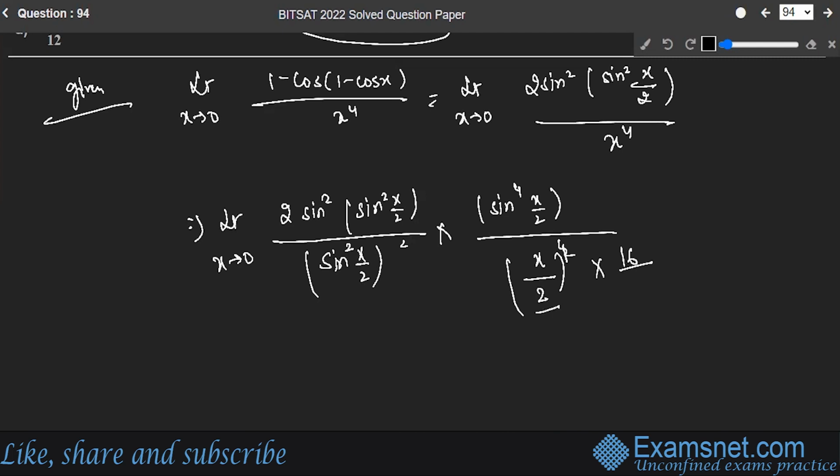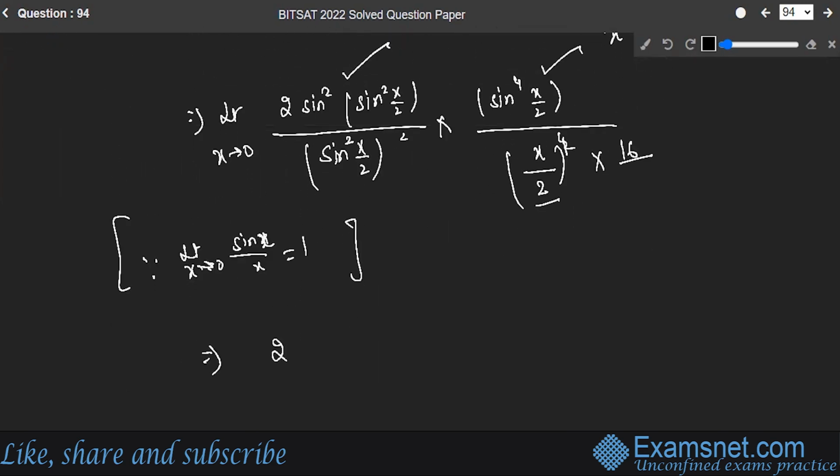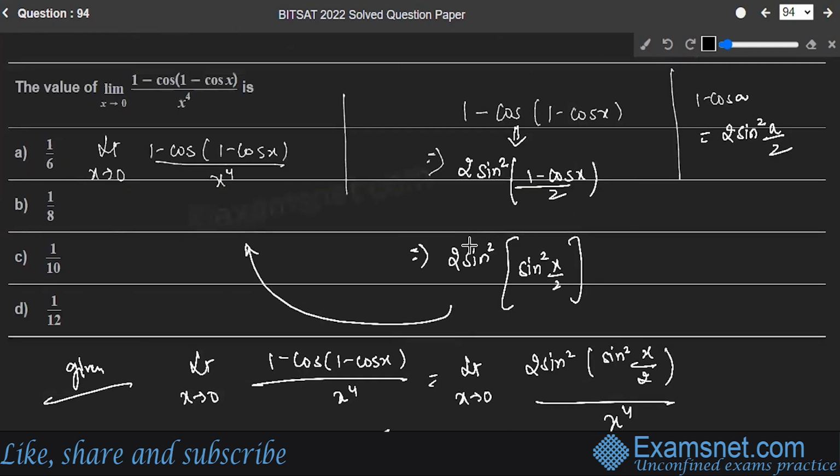Now, you know, because limit x approaching 0 sine x upon x is equal to 1, therefore this will be equal to 1 and this will be equal to 1. And you will have 2 into 1 into 1 into 1 by 16, or 1 by 8 is the right answer. So here you have option B as the correct answer.